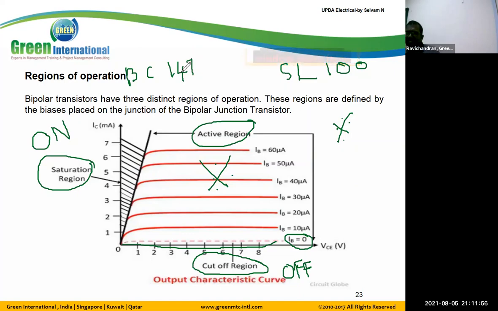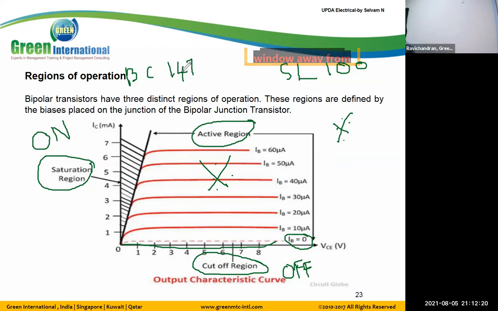The first letter stands for the material, either silicon or germanium. B stands for silicon, so SL100 and BC147 mean the transistor is made of silicon, and A stands for germanium.